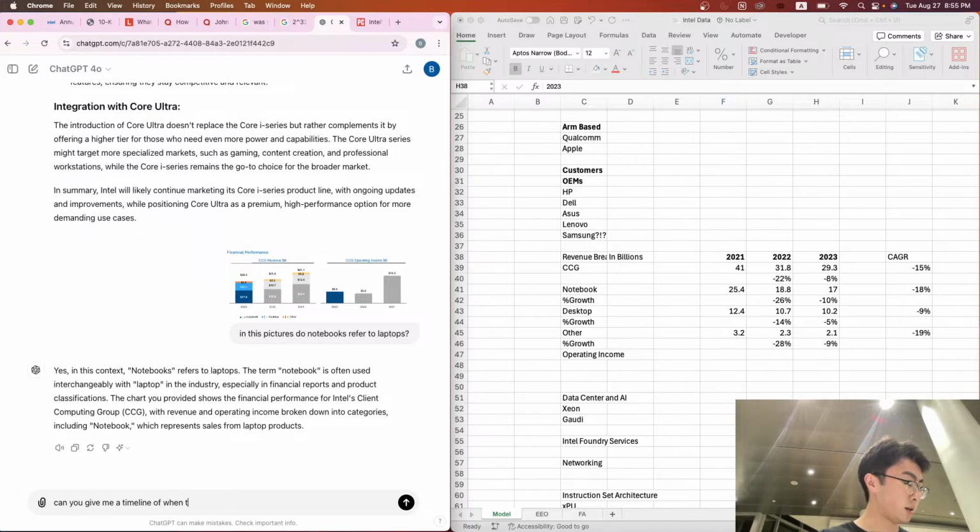Timeline of when the Intel Core generations, different generations, starting from past 5 Intel Core generations from 2024.